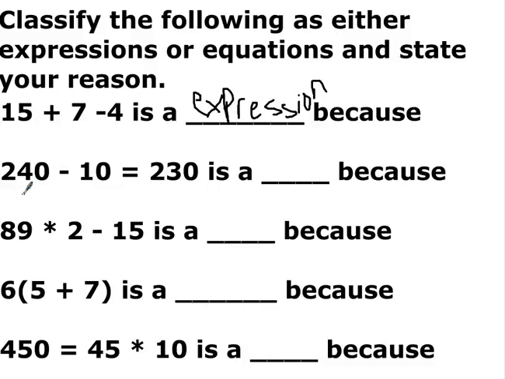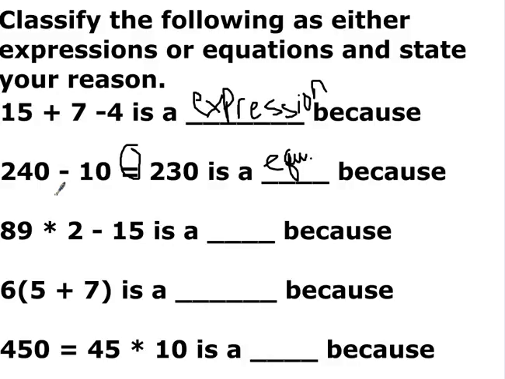And the second one, 240 subtract 10 equals 230 is a what and why? This time we're going to go with Jared. And if you said this is an equation, you're absolutely correct because an equation has an equal sign. And the next one, 89 times 2 minus 15 is a what and why?